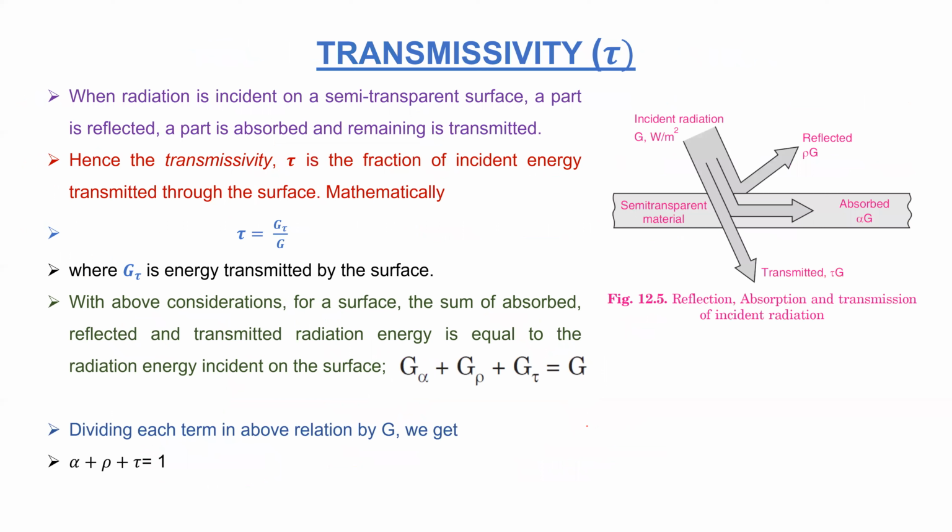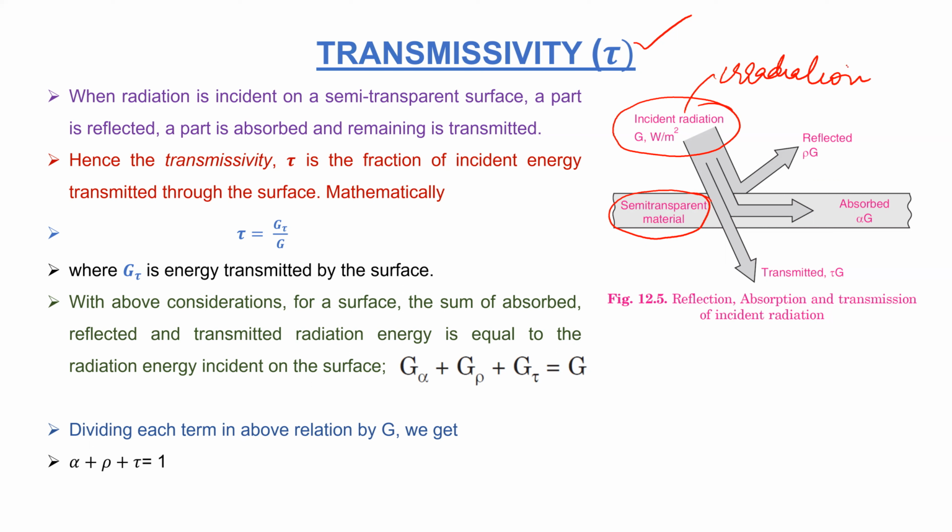Now, what is transmissivity? We can also call it the total or hemispherical or average transmissivity, and it is represented by tau. Once it is a semi-transparent material, a part of the energy of incident radiation G is transmitted. What is incident radiation? It is known as irradiation.